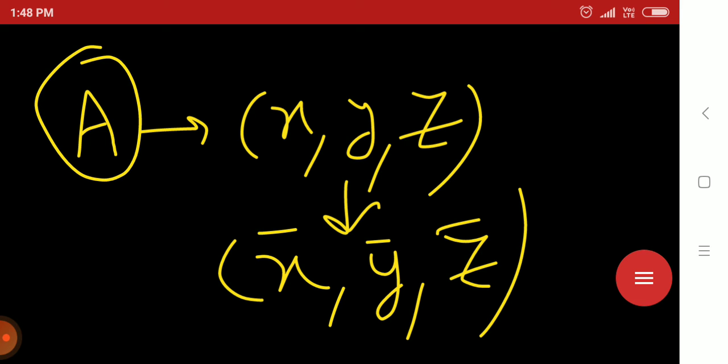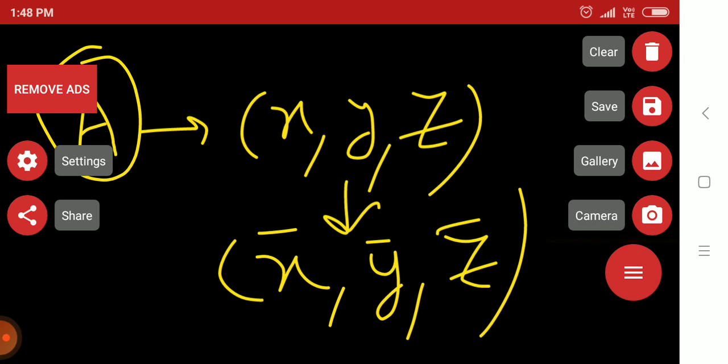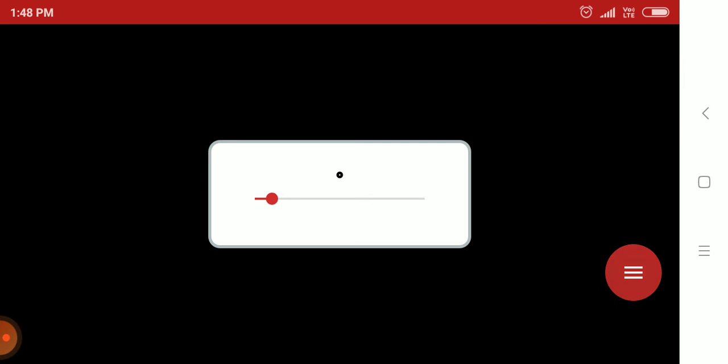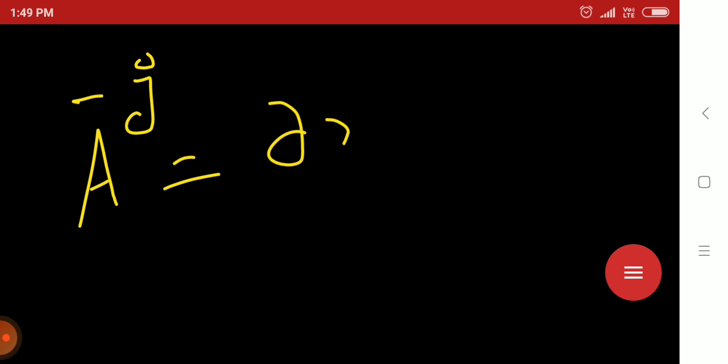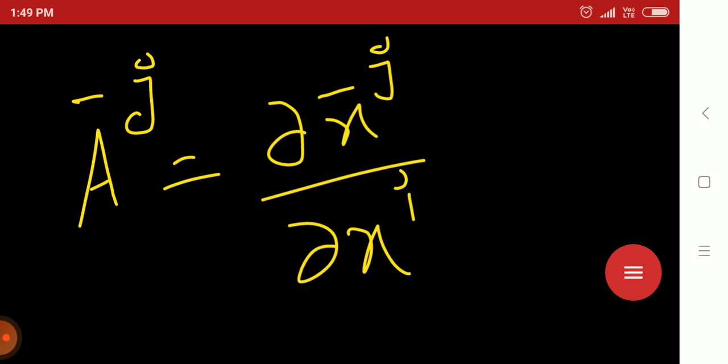Then this tensor in the contravariant form can be represented as A bar j equals del x bar j by del x i, A i.